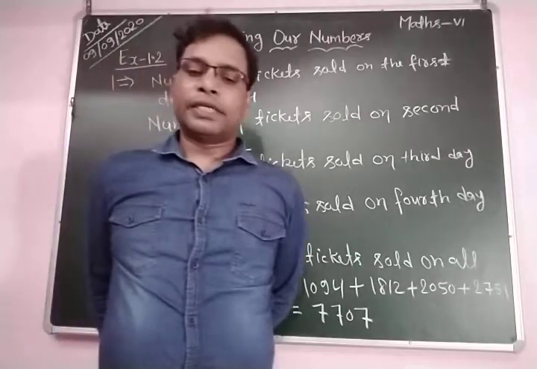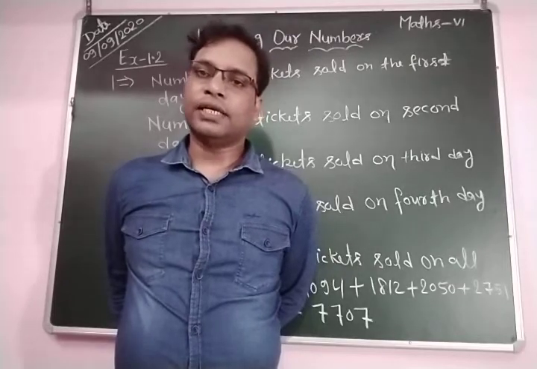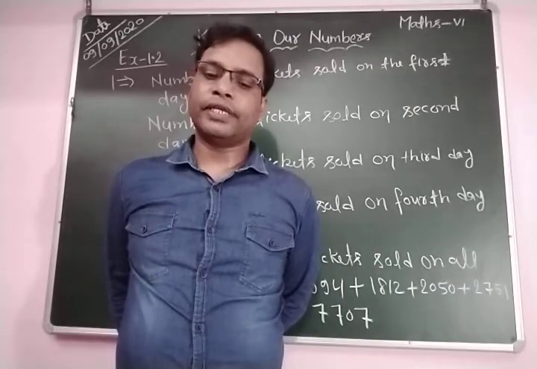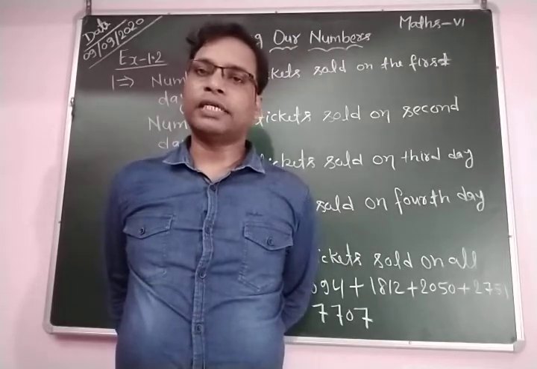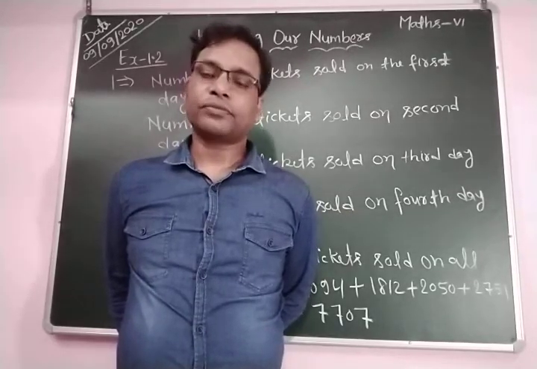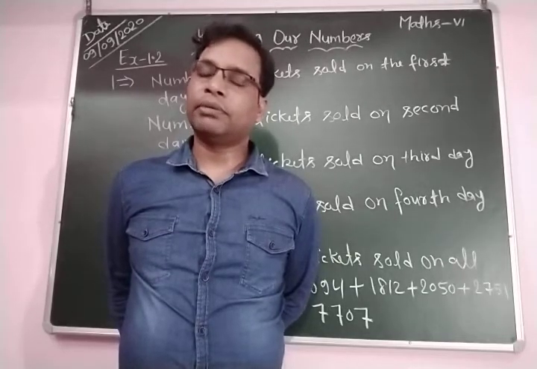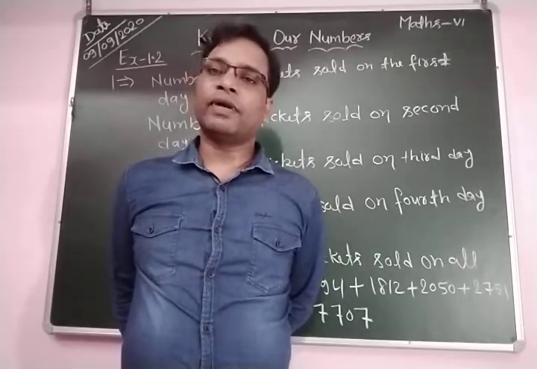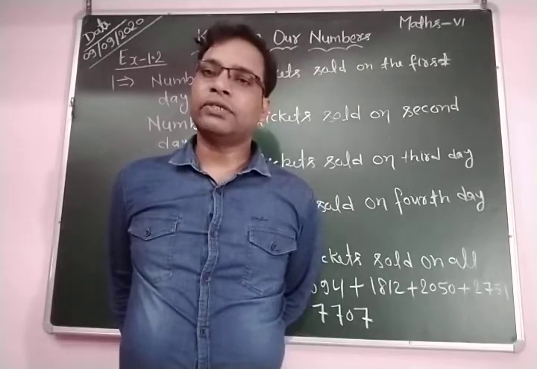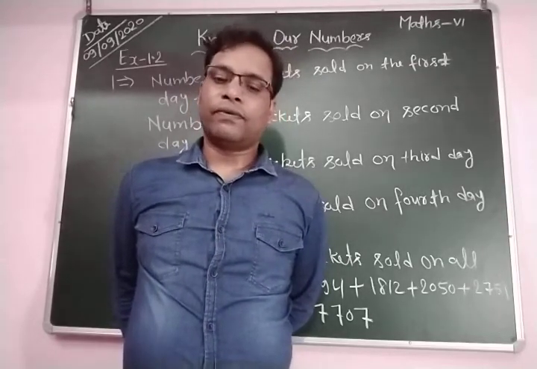The number of tickets sold at the counter on the first, second, third, and fourth days was respectively 1094, 1812, 2050, and 2751. So we need to find the total number of tickets sold on all 4 days.